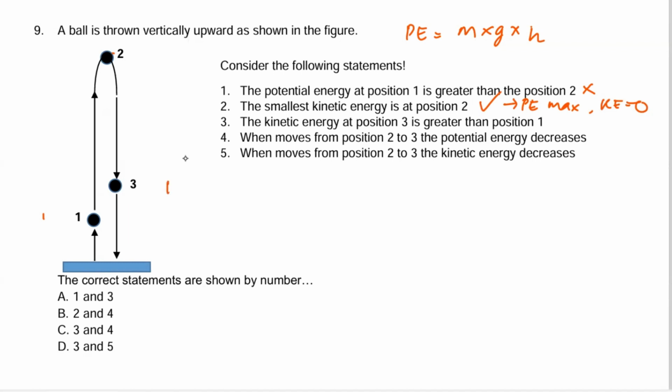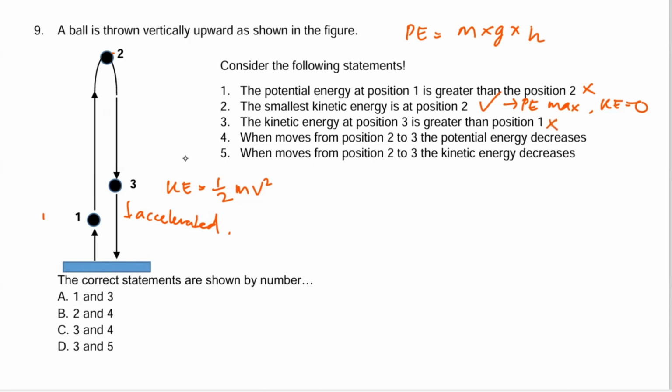Why? Because the kinetic energy depends on mass and speed squared. And as you know, it's accelerated. When it's accelerated, at position 3 the velocity is going to be bigger, and so does the kinetic energy.